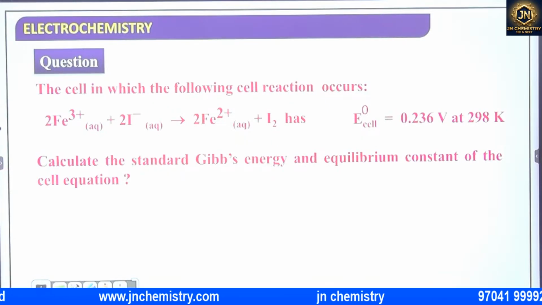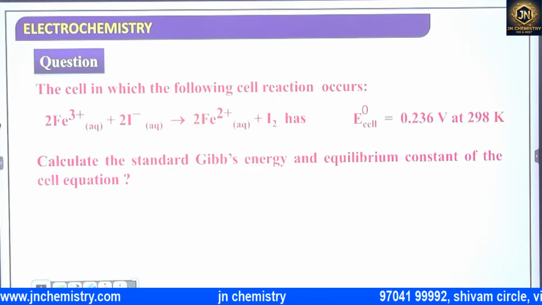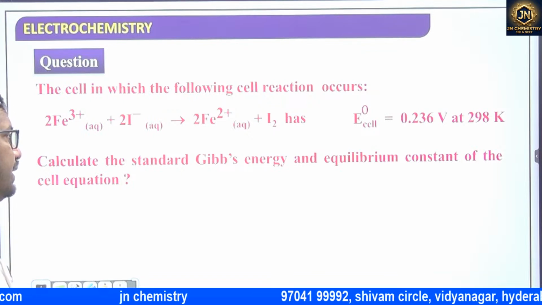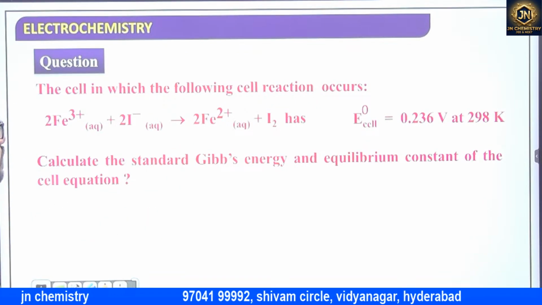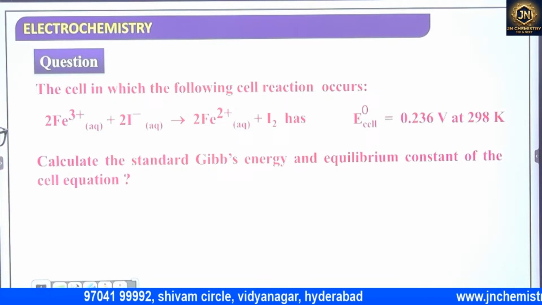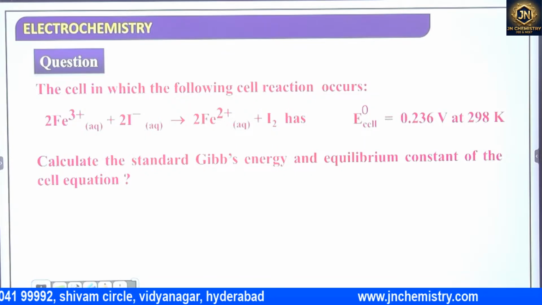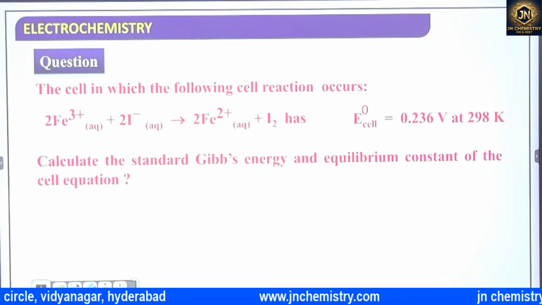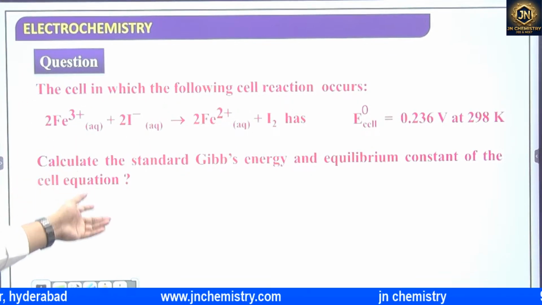E naught cell is given. Calculate the standard Gibbs energy. So what is the standard Gibbs energy? Delta G naught is equal to minus nF E naught cell, E naught cell is given, right? And then the equilibrium constant. So how many electrons are transferred? We took 2 moles of Fe3 plus going to Fe2 plus, so 2.